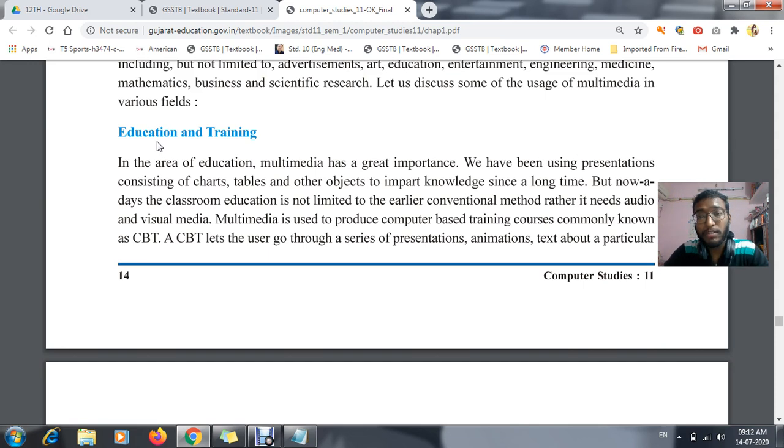It is not possible to give a live demo to 50 to 100 students sitting in a classroom. If a professor wants to explain the working of an engine, he will show a video in the classroom, so it can be visible to 100 students.